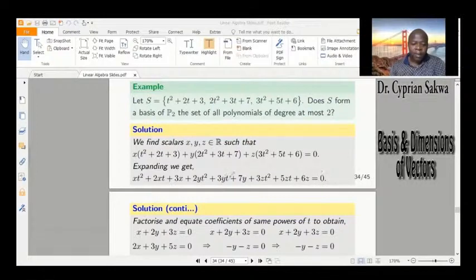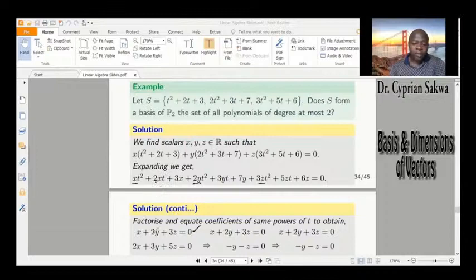I would collect the like terms. So those that have t squared are these, and this equals 0. So if I put them together, I equate to 0. T squared will cancel out, and I have this equation: x plus 2y plus 3z equals 0. Then what about those that have t?